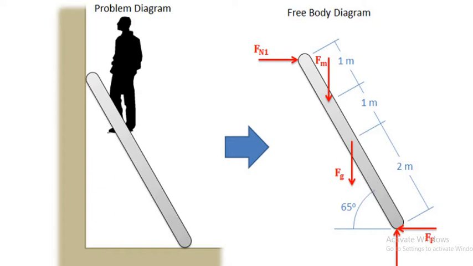If you go for the free body diagram, this is the position of the person. The force will be acting here. This part is 1 meter, and from this part to the center of gravity. The gravitational force will be acting at the middle of this ladder.